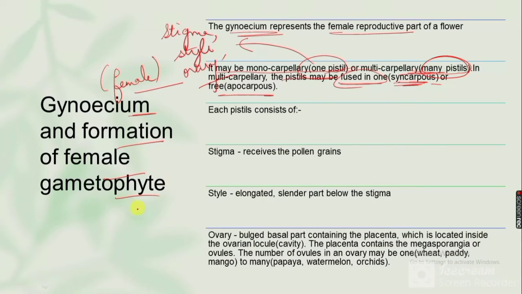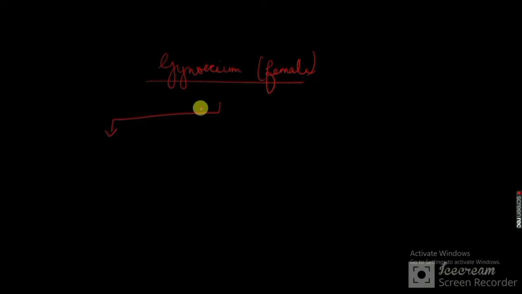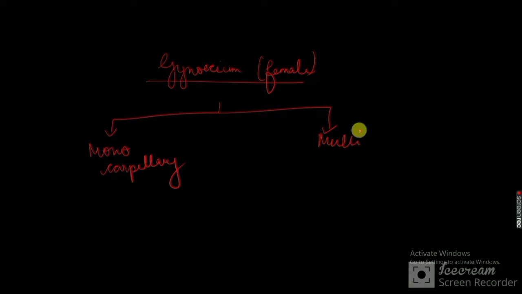Let's go on a blank slide. Let me show it in a diagrammatic way. Gynoecium, as you know, is the female part. It may be monocarpellary, or it may be multicarpellary, meaning it contains more than one pistil.